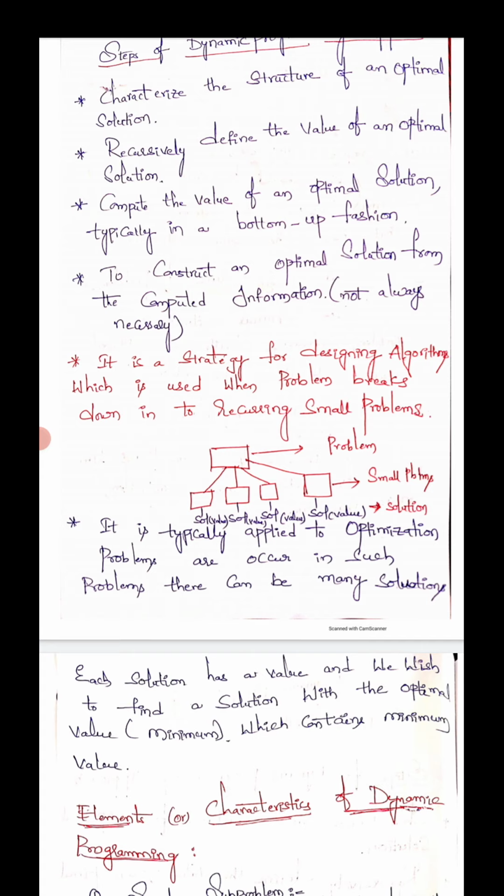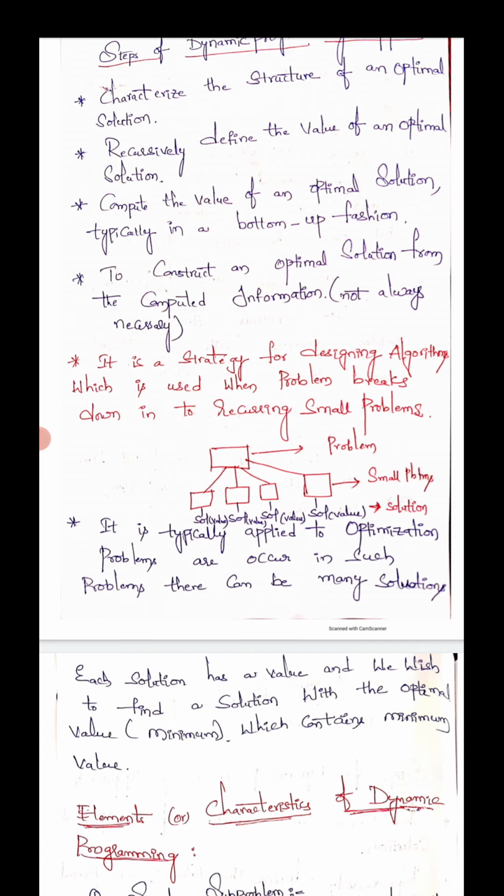There can be a sequence of decisions, so there can be many solutions, and each solution has a value. We wish to find an optimal solution with the optimal value, which means the minimum value.